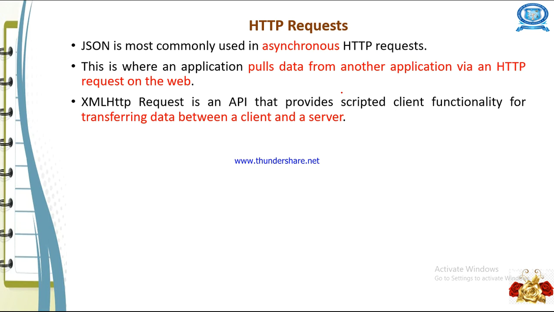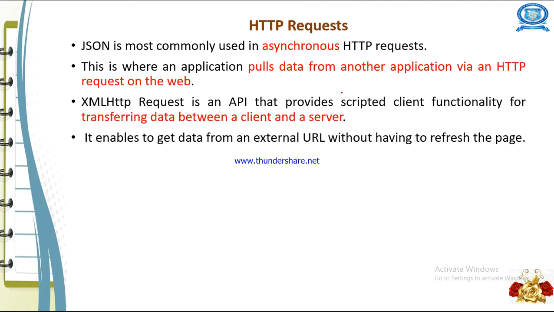It is mainly used for data transmission between the client and the server, which we already studied in the first unit: data transfer from client to server and server to client using HTTP request. Okay.